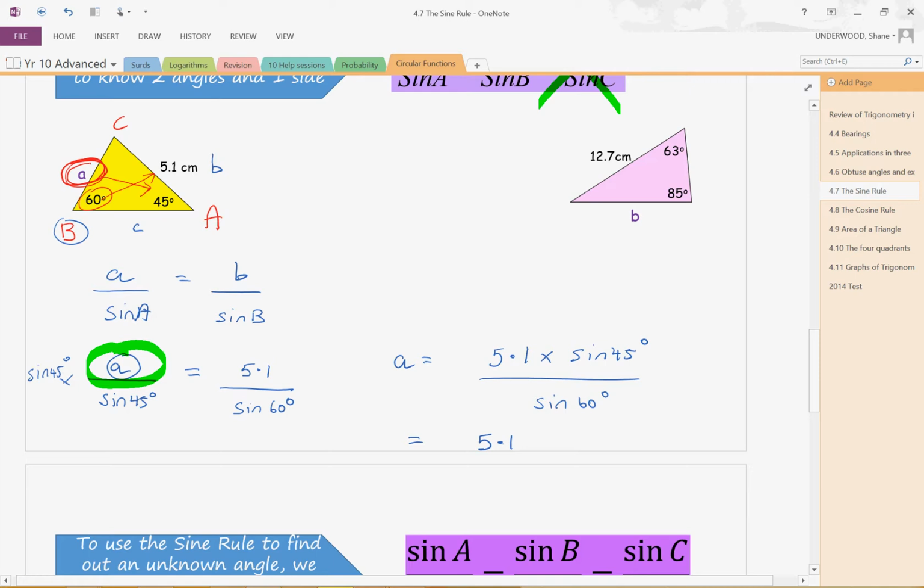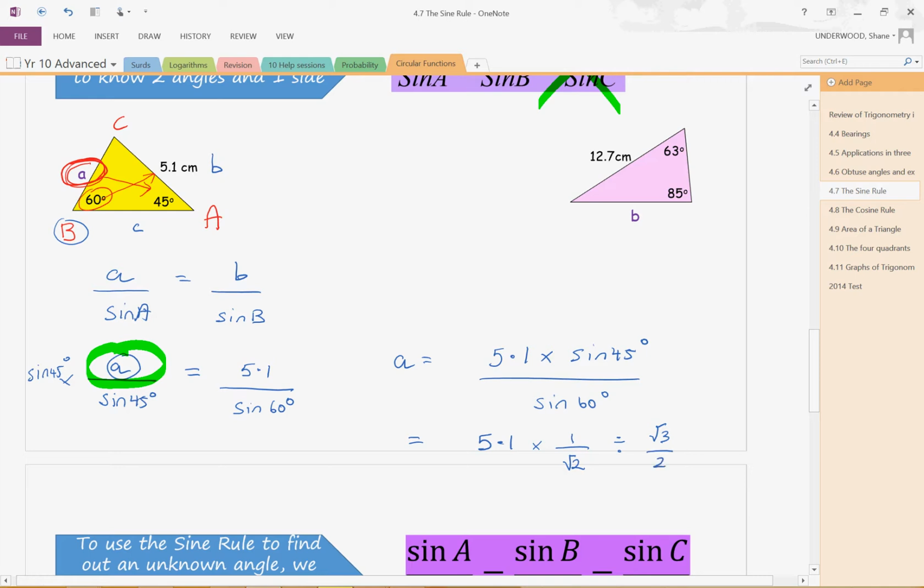Sine of 45, I did get you guys to draw up your table of values. Sine of 45 was 1 on root 2. There's an exact value for 45, 60 and 30. And I then have to divide all of that by sine of 60, and sine of 60 is root 3 over 2.